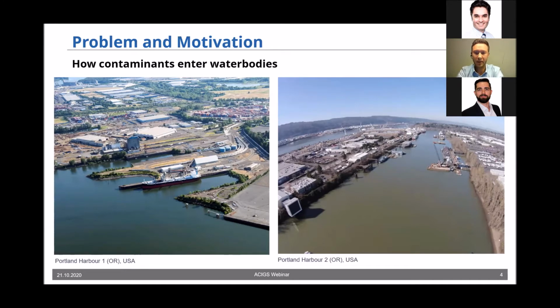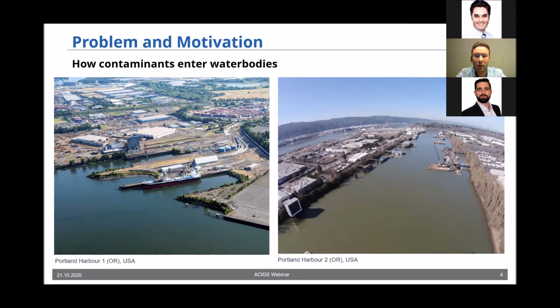And what you can see on these two slides is a river. It is the Portland Harbor in the USA, where there's much industry very close to the river. We have different industrial plants, different power plants. We have ship loading and unloading, ship traffic here.